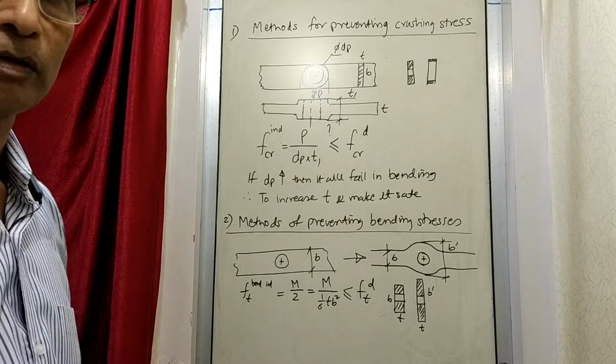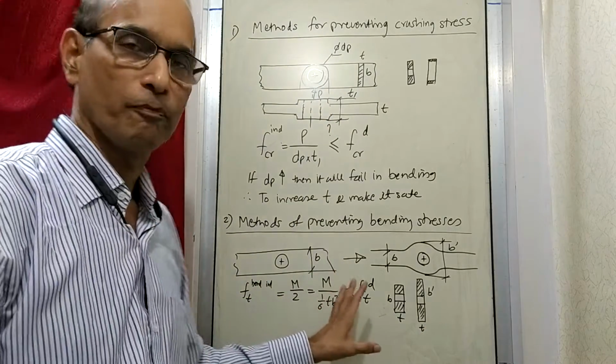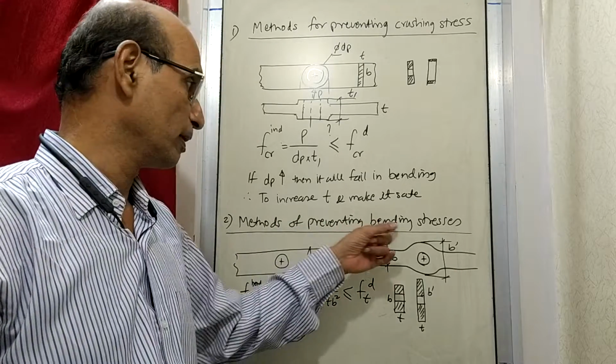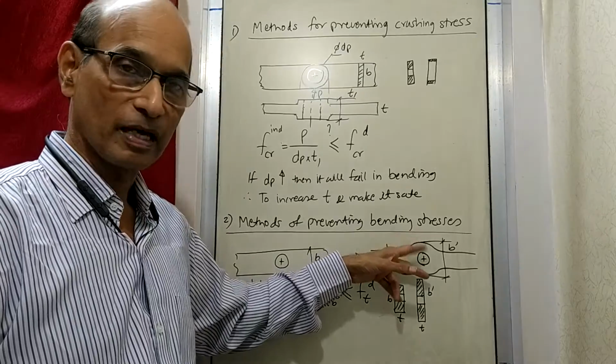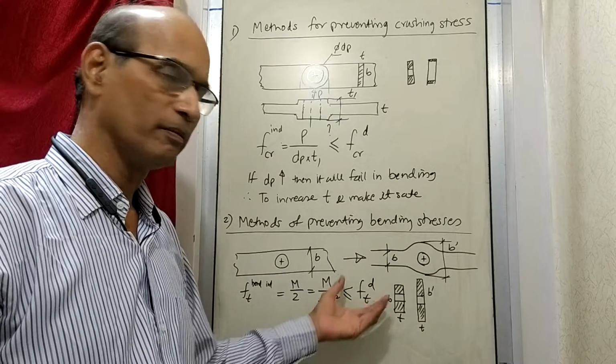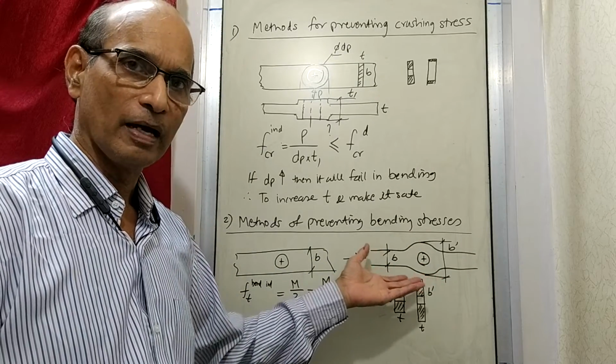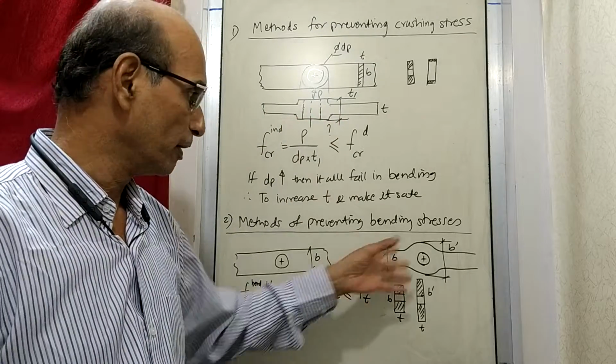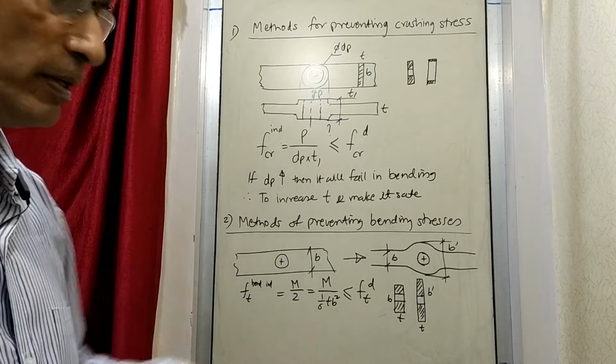So Z is more this time, and as a result it will be safe in the bending. Okay, so method of preventing bending stress is by changing the size B, whereas by changing T it may not make a big difference, and it will be again some unnecessary, but it can also happen. You can even try that also. Depending on whichever is easier way, it can be done.